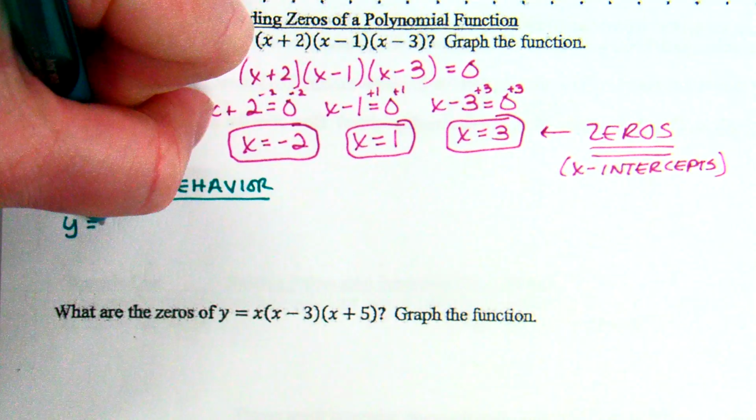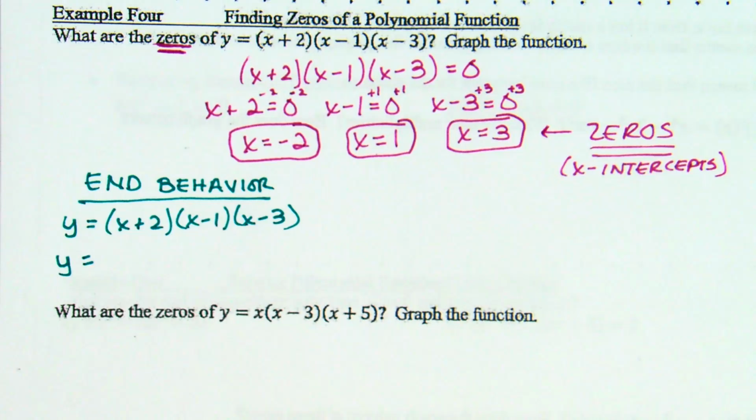So let me write my equation. It was y equals x plus 2 times x minus 1 times x minus 3. That was the given, yes? Think with me here. I'm not going to multiply it all out. But if I were to multiply it all out, what would my first term end up being? X cubed.